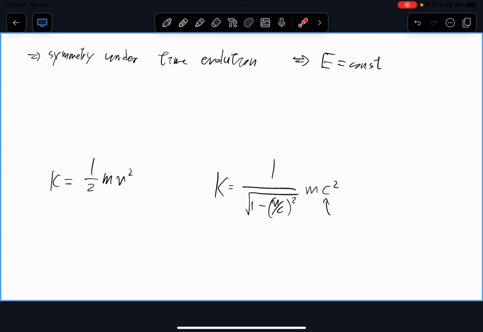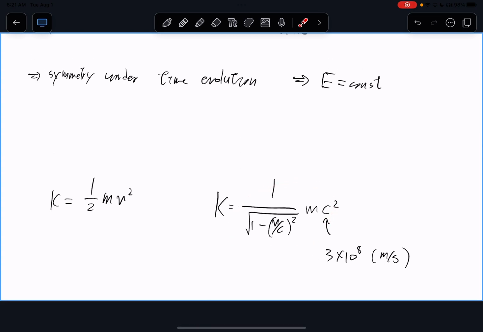So c and speed have the same dimension. And this constant is about 3 times 10 to the power of 8 meters per second. So this is the energy that is actually conserved. This is because conservation of energy does not come from Newton's law. It comes from the symmetry under time evolution. Okay?